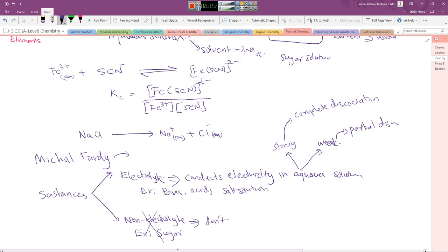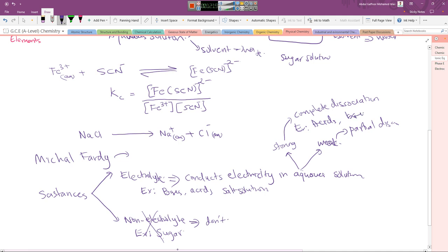Okay. Now we can classify these electrolytes into strong and weak electrolytes. Strong electrolytes are the substances that undergo complete dissociation. For these strong electrolytes, we can give examples such as acids and bases.